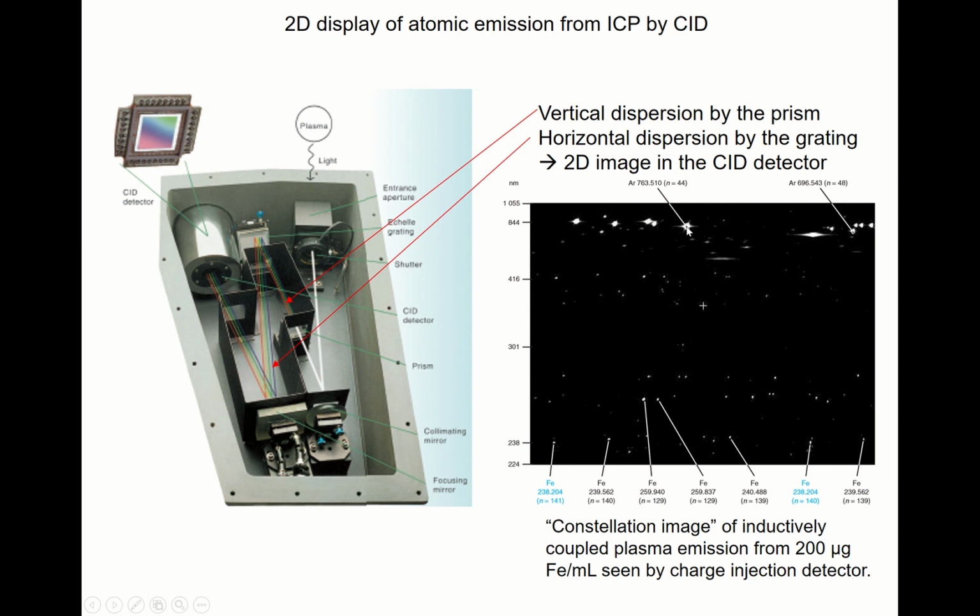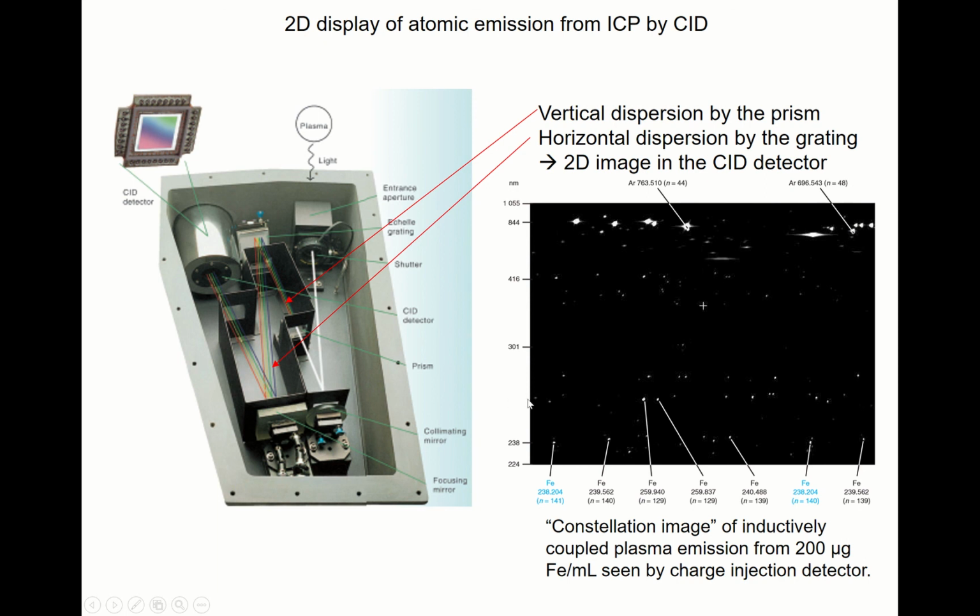But these small spots, two-dimensional, correspond to the ion. For example, this one: this ion whose mass is 259.940, and its wavelength corresponds to here.